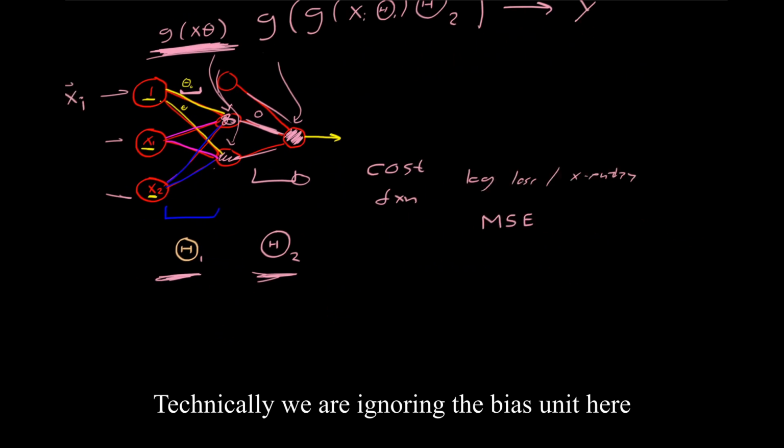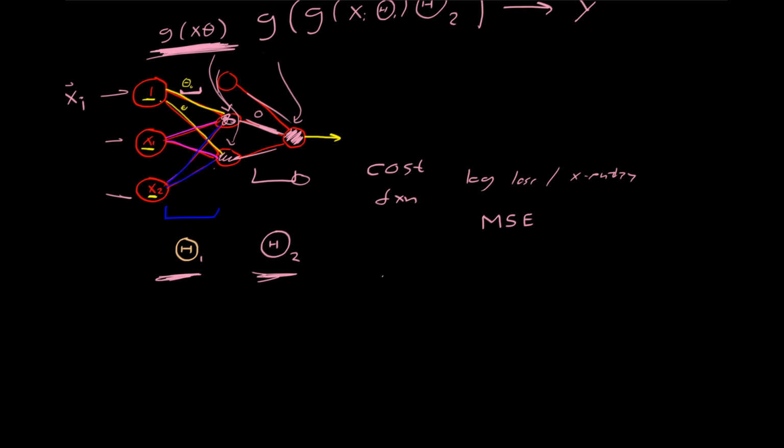So how are we going to minimize this cost function? What we need is the partial derivative. Let me call this cost function c. We need the partial derivative of the cost function with respect to what? Well, we need the partial derivative with respect to every single element of every single matrix here.